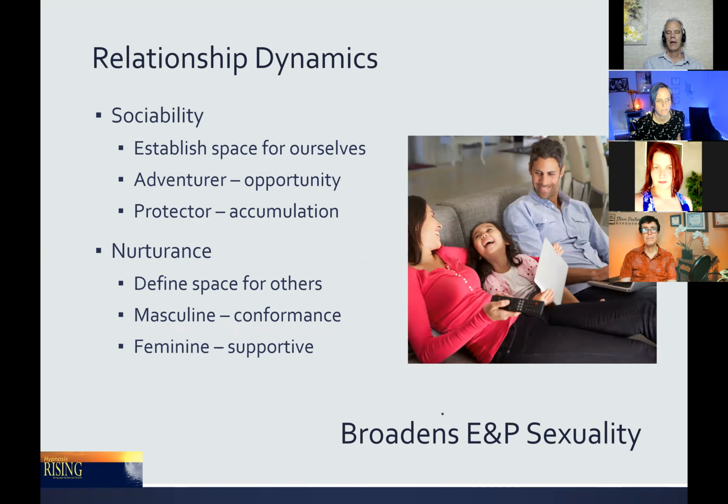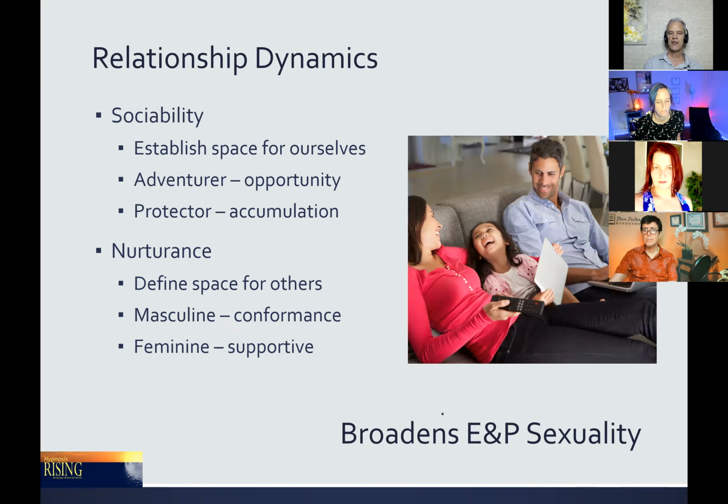The terminology that I evolved: in my foundation, my concept of relationship dynamics is sociability, which is about how we establish space for ourselves. And this is EMP sexuality, how we project ourselves into the world. And Campus had a big blind spot, which is that that isn't everything. There's also nurturance, which is defining space for others.